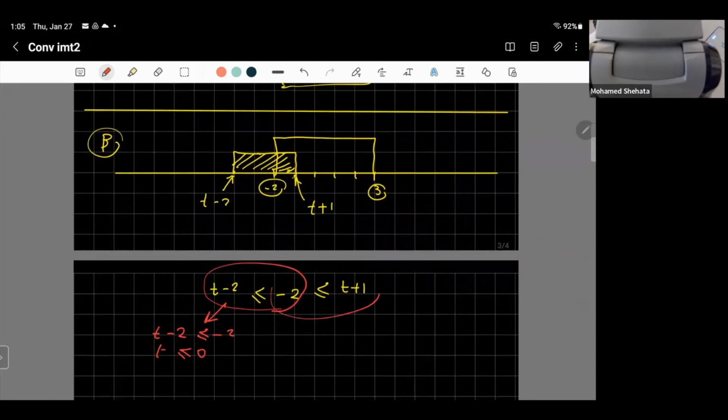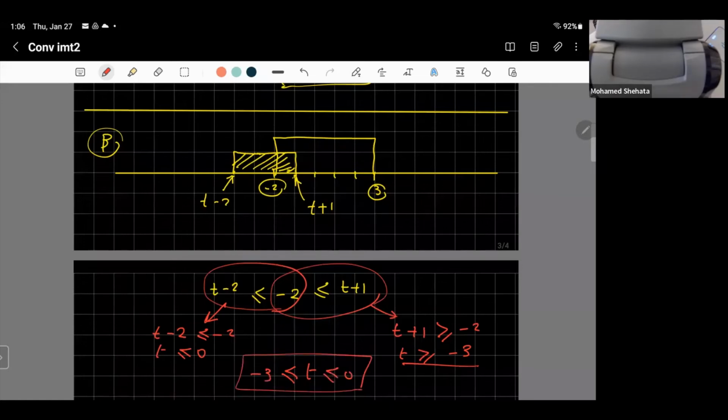When you go for the second part, -2 less than t plus 1, so t greater than -3, right? So for case B, for partial overlap, t is greater than -3 and less than 0. You can write it in one expression: greater than -3 and less than 0.